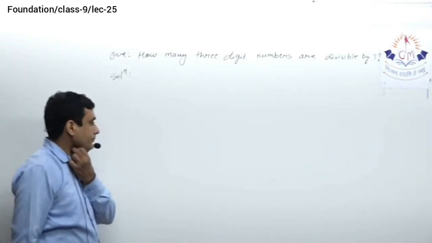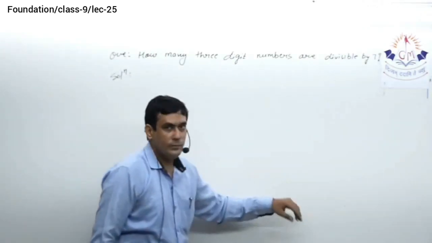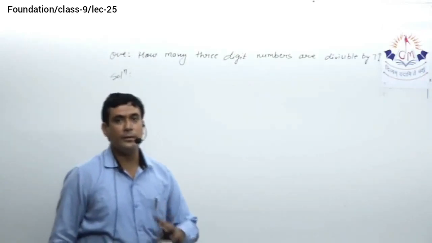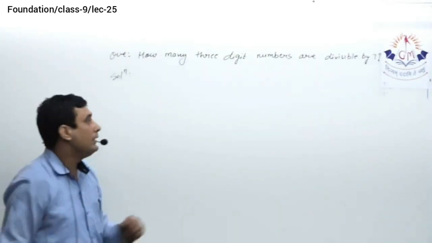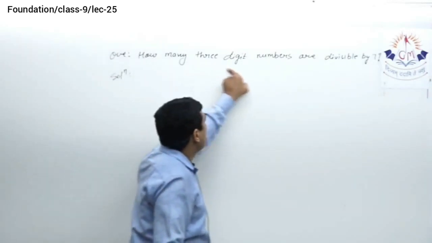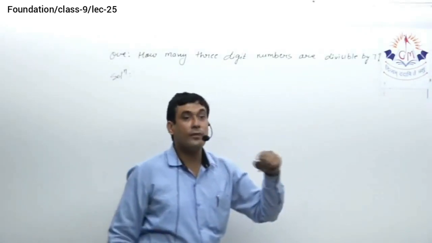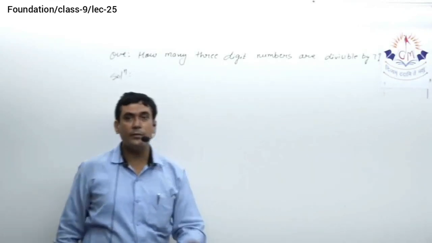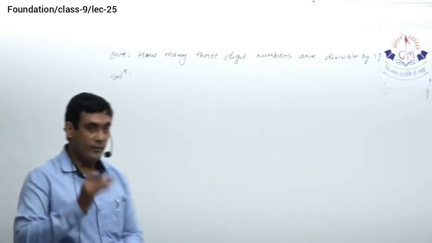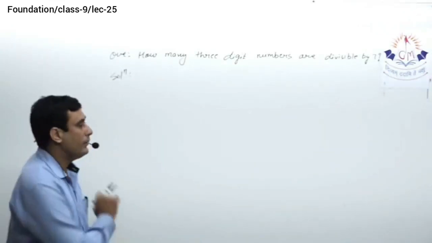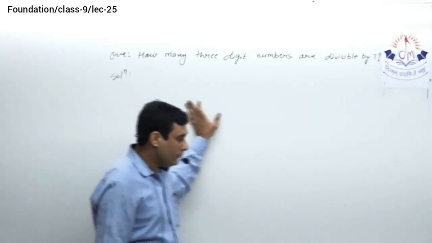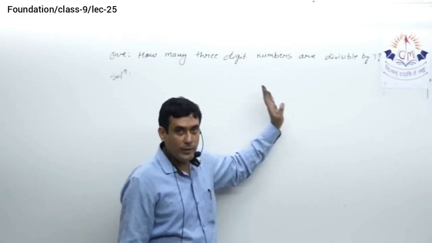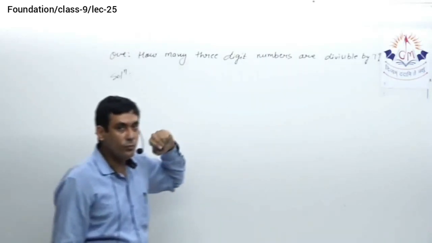So the very first number which is divisible by 7 is 7 itself. But what we have to find? A 3-digit number. So the very first 3-digit number which is divisible by 7. For that, if you know the table of 7 up to 10, then it is possible to find that.